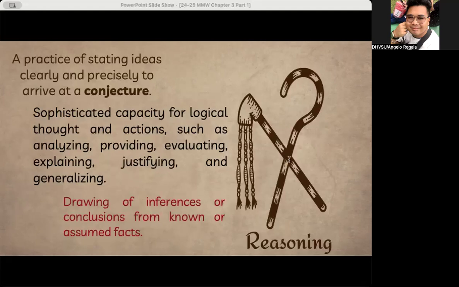As well as when we talk about reasoning, it's a sophisticated capacity for logical thoughts and actions, okay? Such as analyzing the problem, providing and evaluating the situation, making explanation and justification, and some generalization.